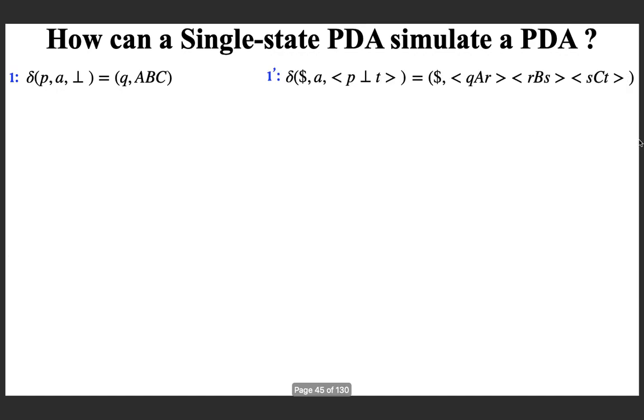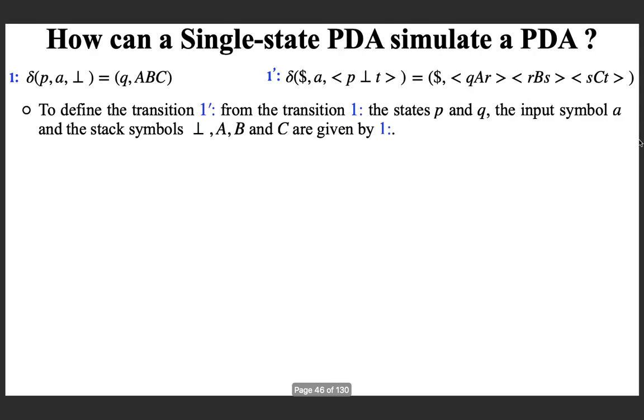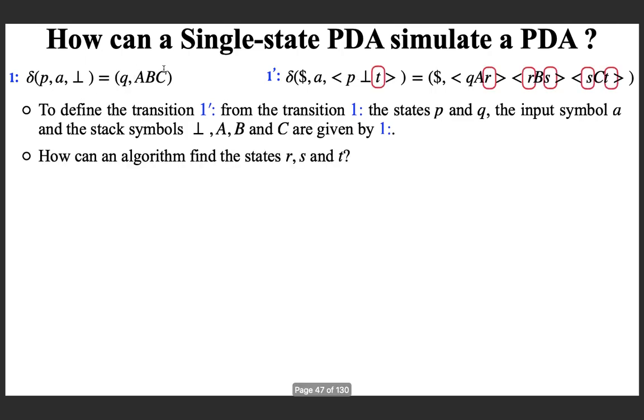So that is an example, and now we can try to formally define how you can define a transition function in the required machine based on a transition function in the original machine. Now in the new machine, this is a transition.